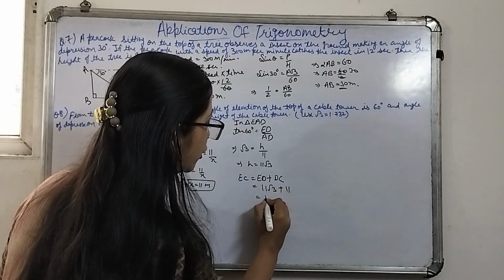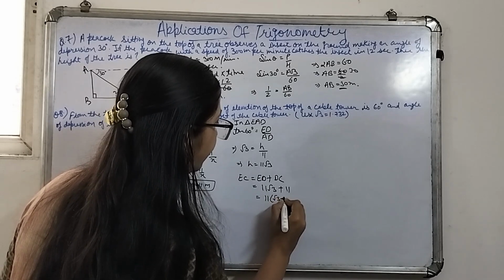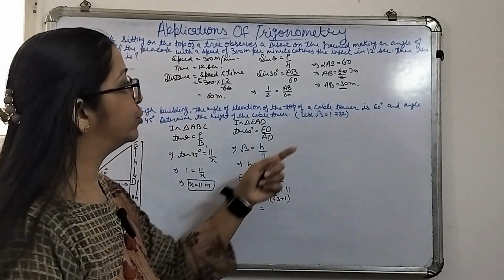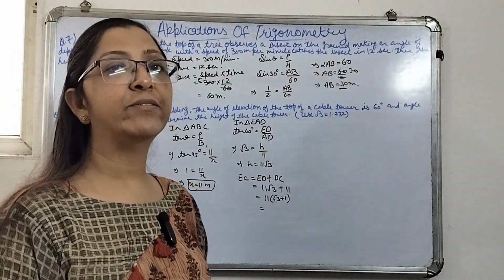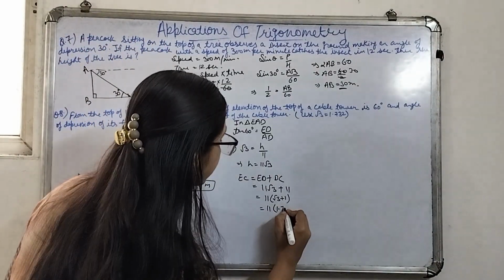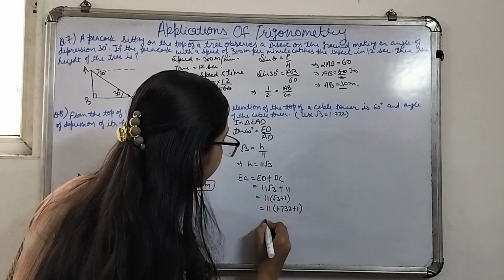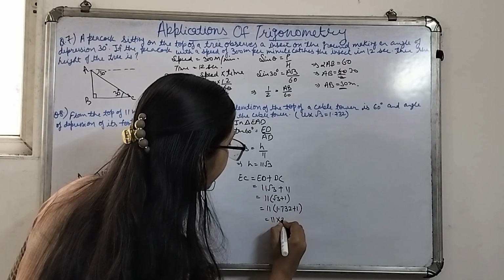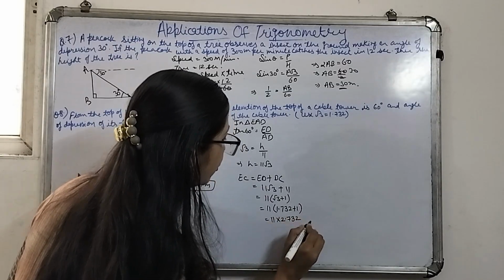So 11 could be taken common from this. It will be root 3 plus 1. The value of root 3 we have to take as 1.732. So it will be 11 multiplied by 1.732 plus 1. That will turn to 11 multiplied by 2.732.